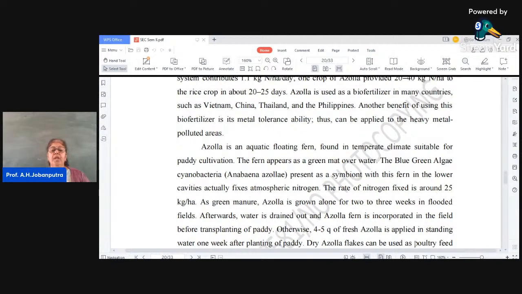So this Azolla will serve as a very good green manure for 2 to 3 weeks. The rice crops which are flooded, you know that in rice a lot of water is there, totally in that water the rice plantation is there. So if you provide Azolla to this rice or paddy crops, it will provide a lot of nitrogen.